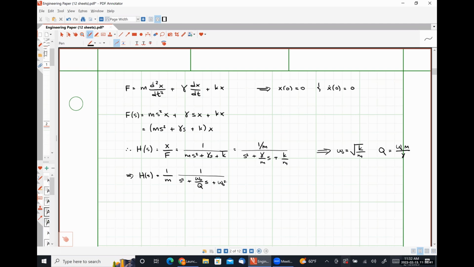Everybody okay? Anything too wild or crazy here? Q is the quality factor. It's what we talked about when we were dealing with damping in our last couple of class meetings. Okay.